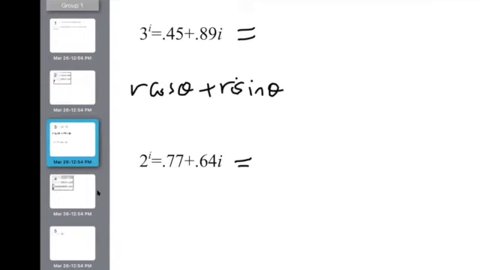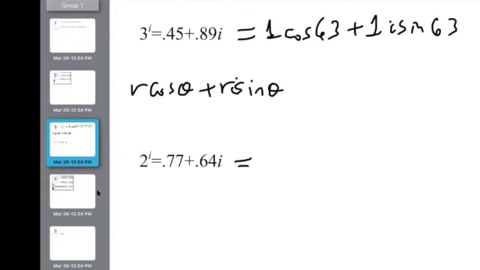And R, for both of them, ends up being 1. So this one was, I'll write the 1 in, 1 cosine 63, approximately, plus 1 I sine 63. And the other one is 1 cosine 40, approximately, plus 1 I sine 40.